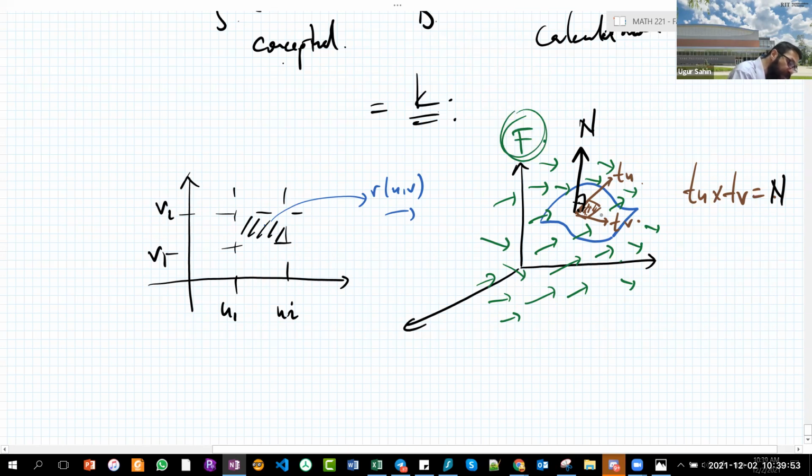Since this surface is exposed to this vector field, I want to find out the effect of the vector field on the surface. How am I going to calculate this exposure? I need to relate this vector field to this vector.